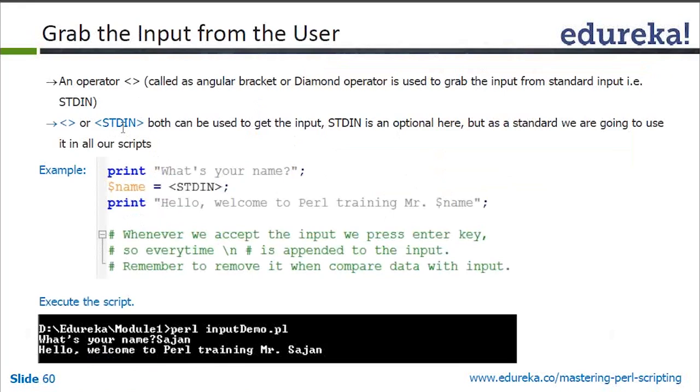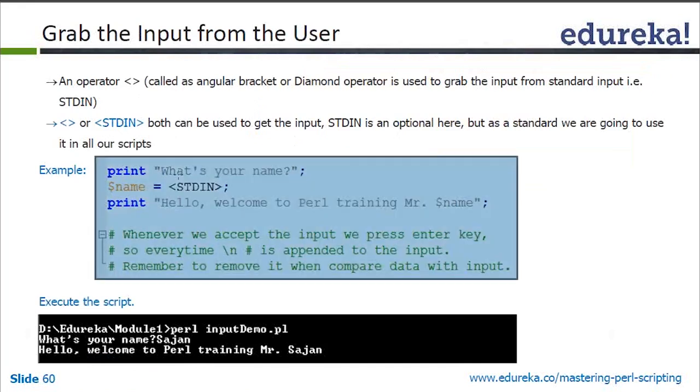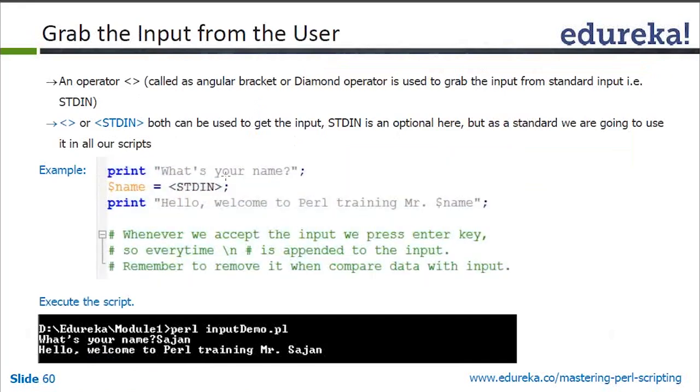When you want to ask the user what is your name, please type your name, you will just type and it will interpret it. It is very much similar to scanf, wherein if I print what's your name, it is printed on the screen and it is asking the user for intervention.